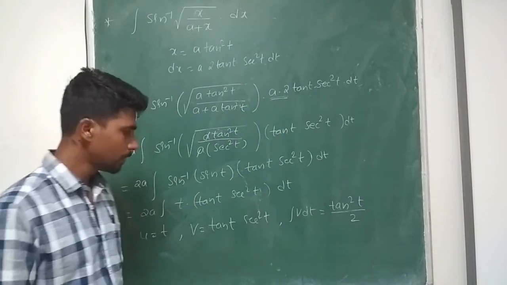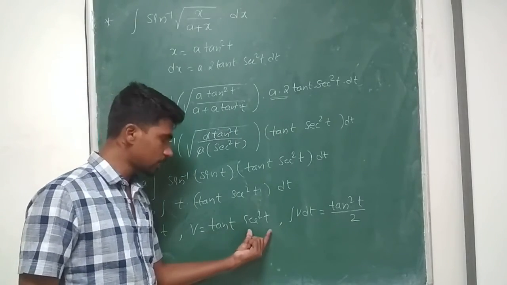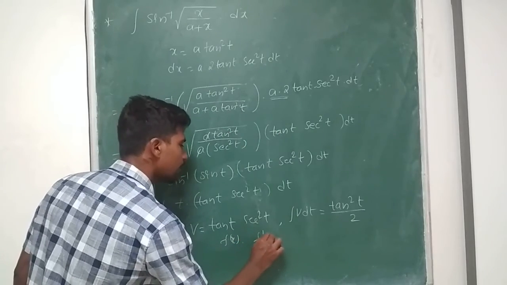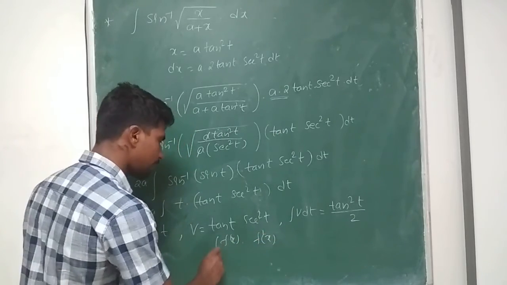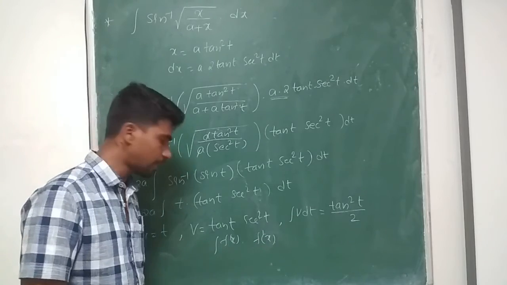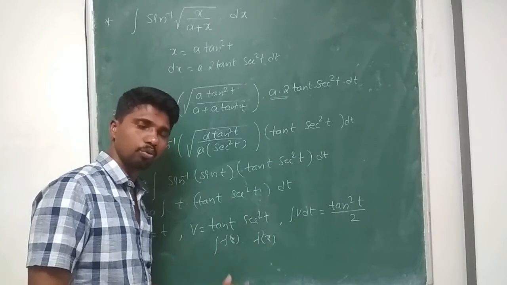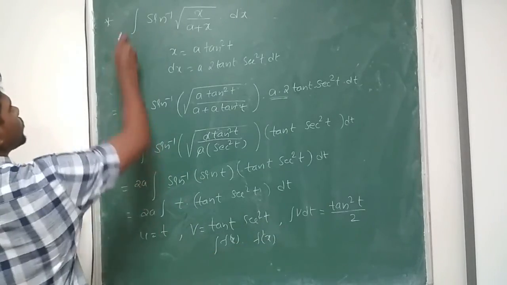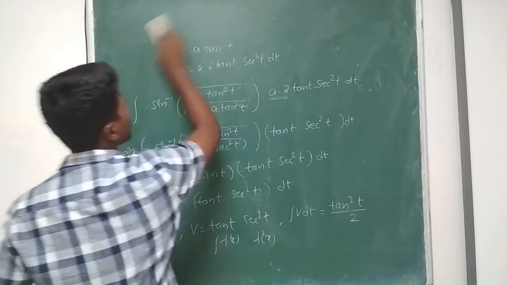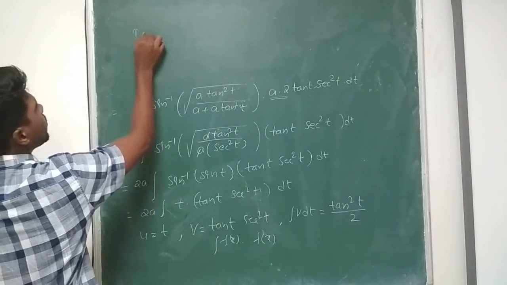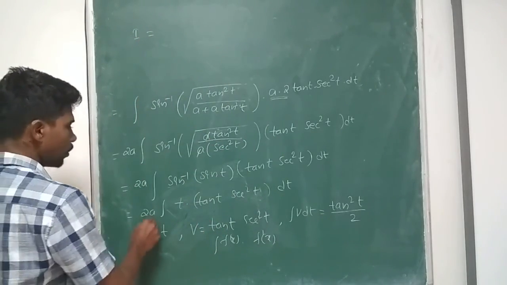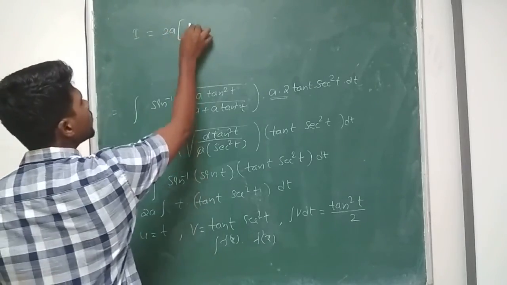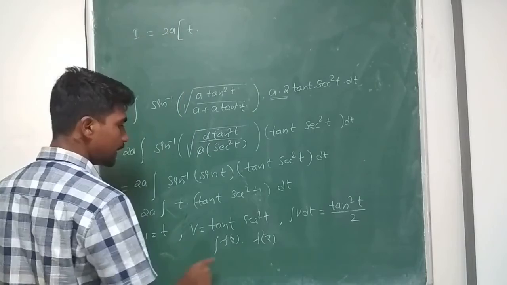I hope you understand. Integral tan t secant square t. So tan t, if I consider as f of x, this is like f dash of x. So integral of f of x into f dash of x is nothing but f of x square by 2. So that's what I used. Now the value of I, which is nothing but this one, I is equal to 2a, a constant, 2a into u t into integral v.